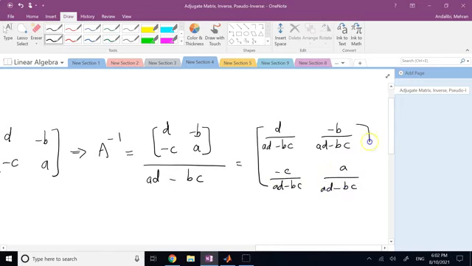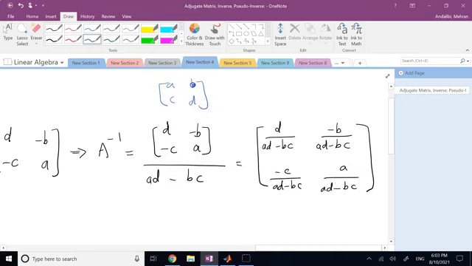Now, one of the ways that you can easily memorize the inverse of a 2 by 2, or at least the adjugate of a 2 by 2, is this. If you compare the adjugate of a 2 by 2 to the original one, this is A, this is the adjugate of A. If you see, what happened is the diagonal elements are swapped.